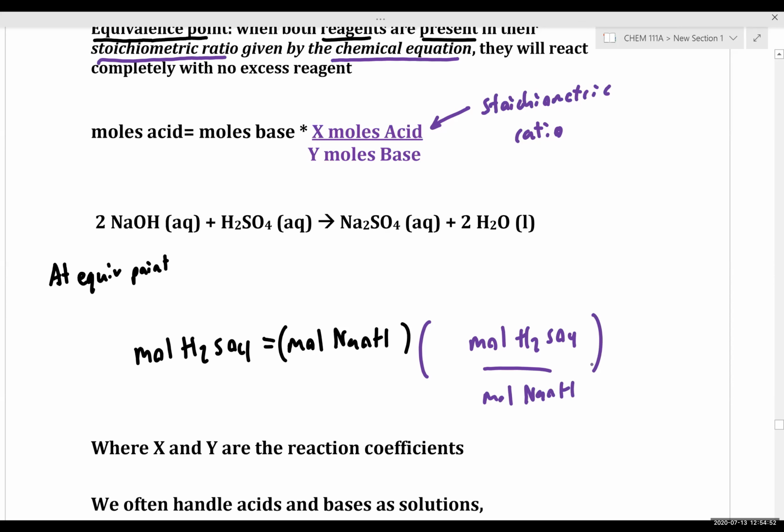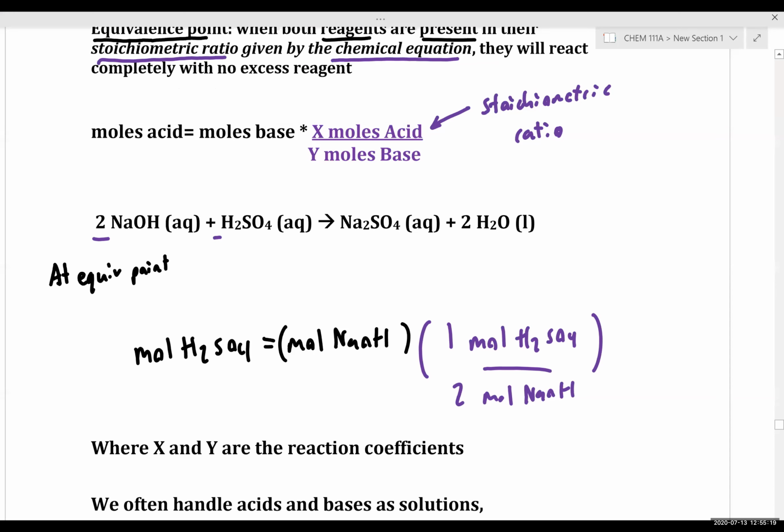What is our mole to mole ratio? 1 to 2, exactly right. And we get that from our chemical equation coefficients. And really do not forget your chemical equation, your stoichiometric coefficients. They're critical to titration problems.